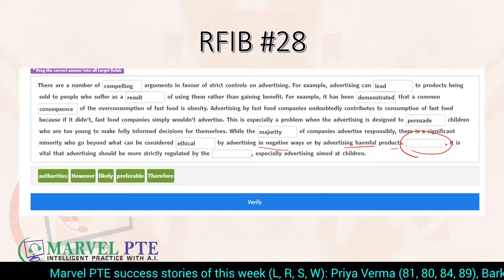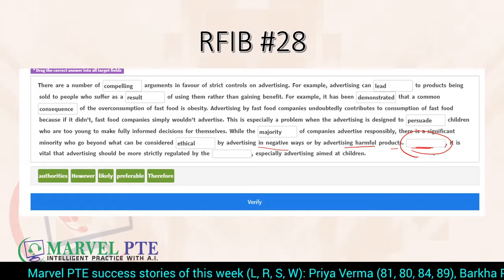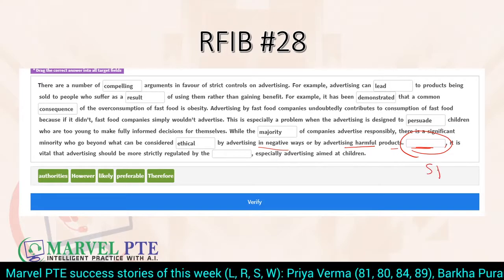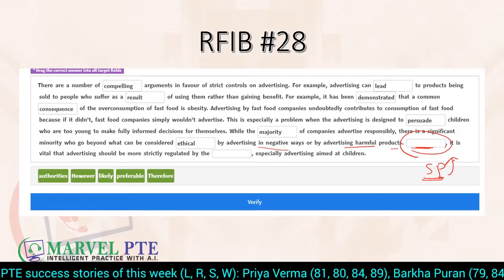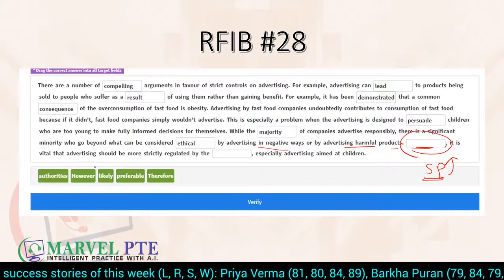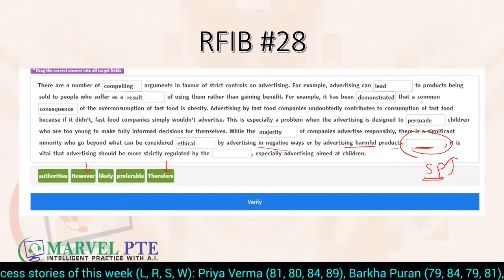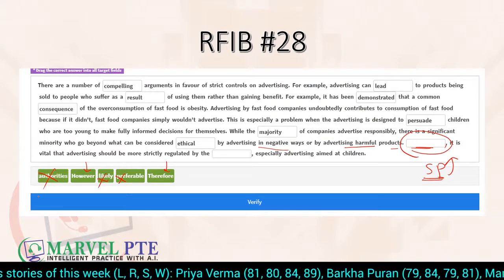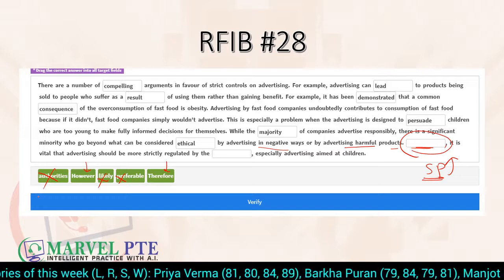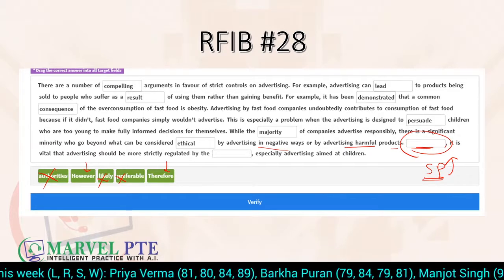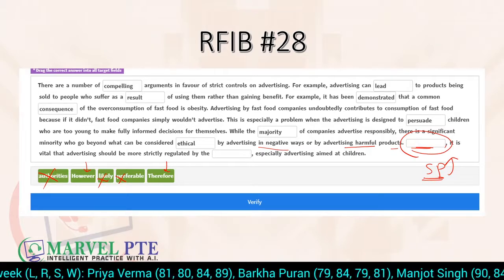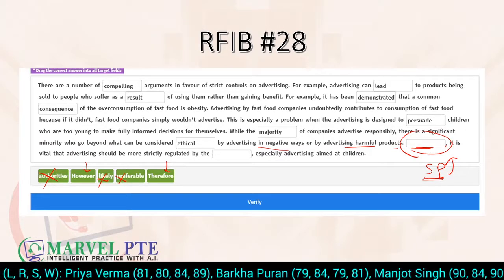Now there is a comma at the start. More or less, if you know the rules for signposting words, this is shouting that a signposting word is going to come. We have two signposting words over here, so we are going to eliminate everything else, which is therefore and however. Now let's see. Therefore is a continuation, it is building up the things, however is a contrast, okay?